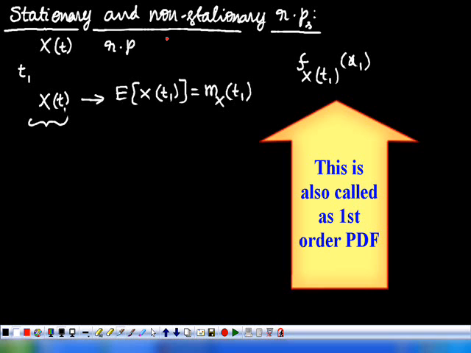Actually, the random process is characterized by the joint probability density function. So this can be considered as the marginal probability density function. If the statistical properties are not varying with time, that indicates the density function of the random process is the same.